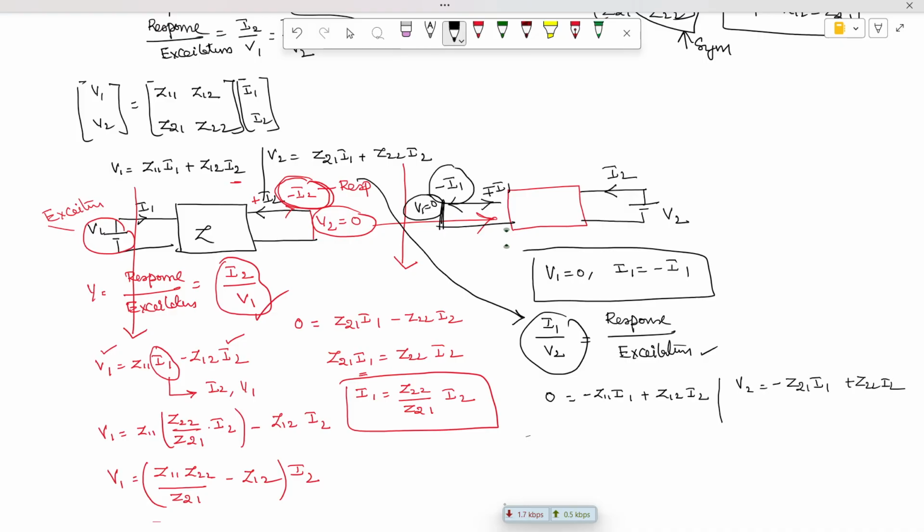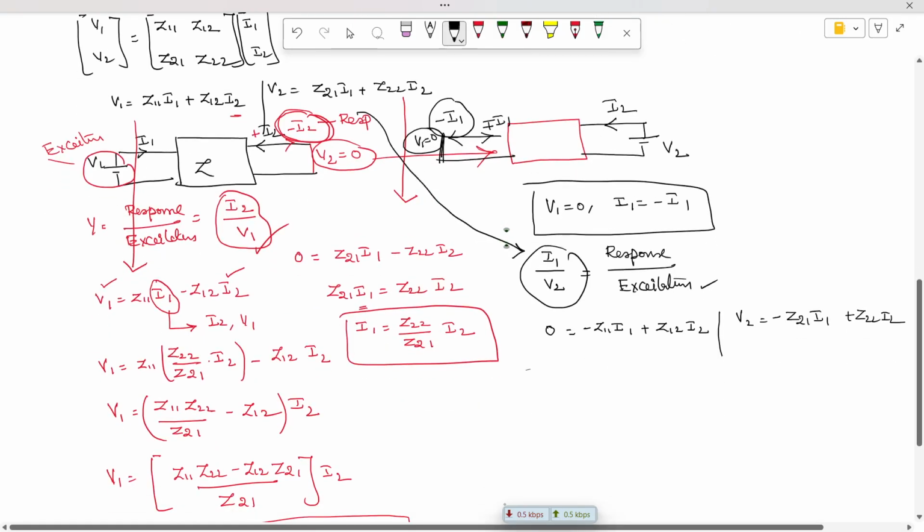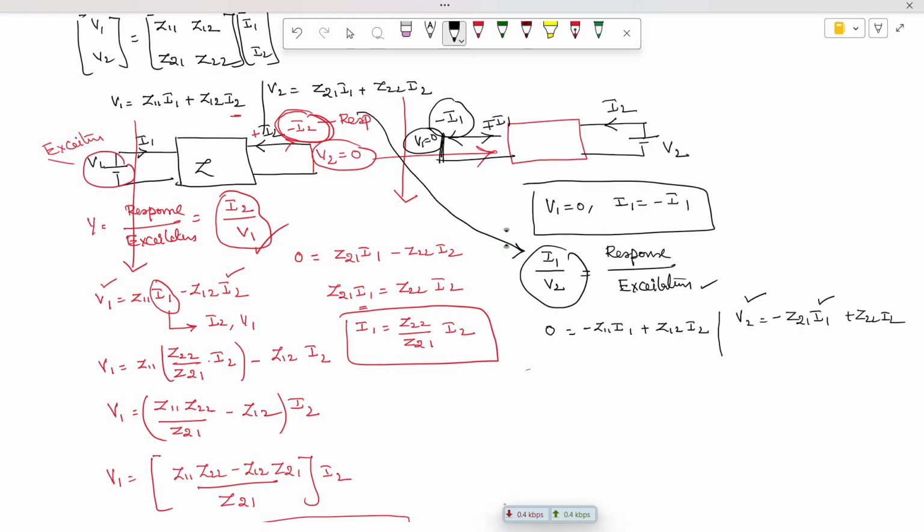See that you substitute V1 equal to 0 and I1 as minus I1. Now check out the two equations where we have I1 by V2. This is I1 by V2, but the disturbance-creating term is I2. Now we want to express I2 either in terms of I1 or V2.